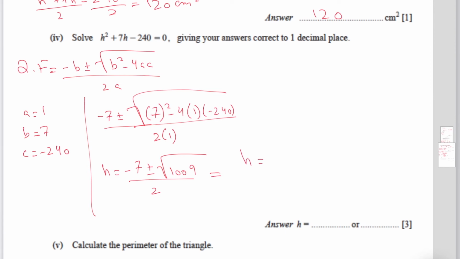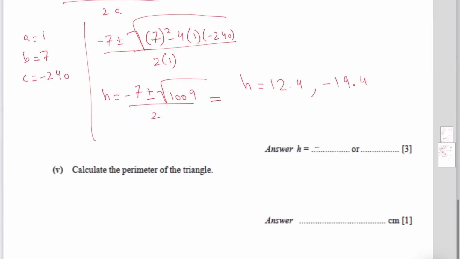The values of h come out to be negative 7 plus under root 1009 divided by 2. This gives us, the first value is 12.4. The second value, let's find that, negative 7 minus the under root of 1009 divided by 2. This gives us negative 19.4. So we write the values over here, negative 19.4 and 12.4.